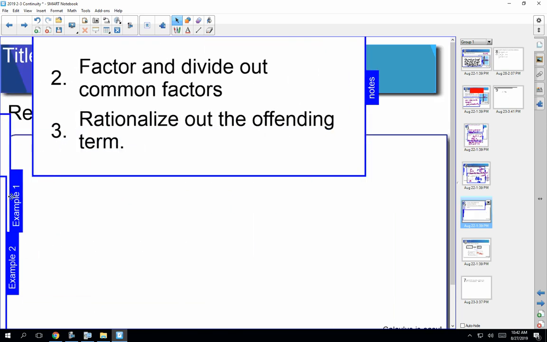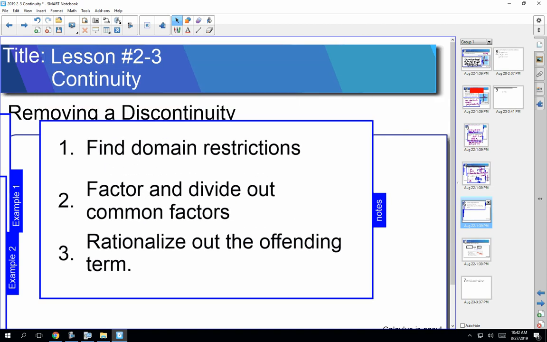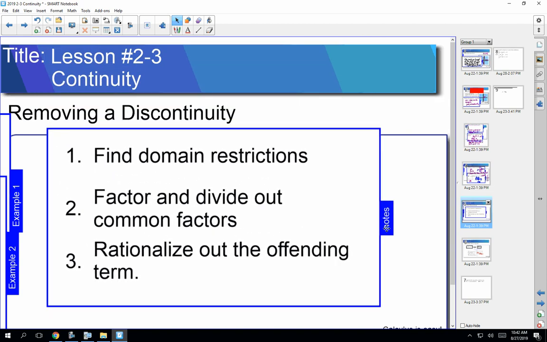Here's a step on this. Let's do this first, then I'll do an example. So to remove a discontinuity: find domain restrictions, factor and divide out common factors, and then rationalize out the offending terms. So that's what you've been doing.